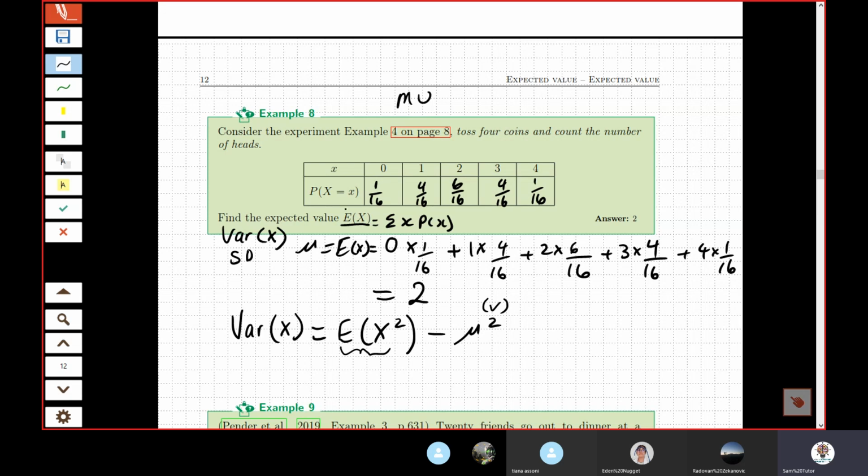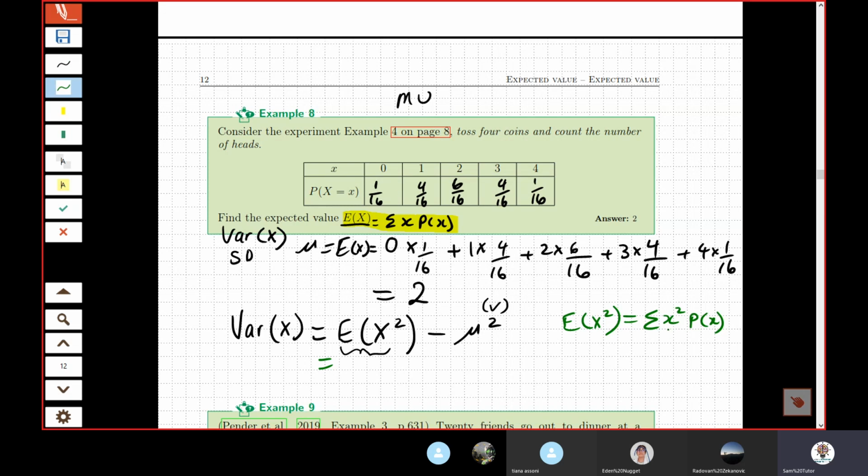But that's not too bad. If we know E of x is this, here is my formula for E of x squared. E of x squared is the sum of x squared multiplied by the probability. Who wants to give it a shot? Just from what I've written here. Here's the table.